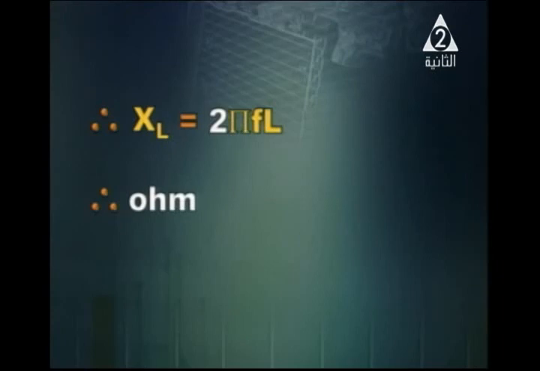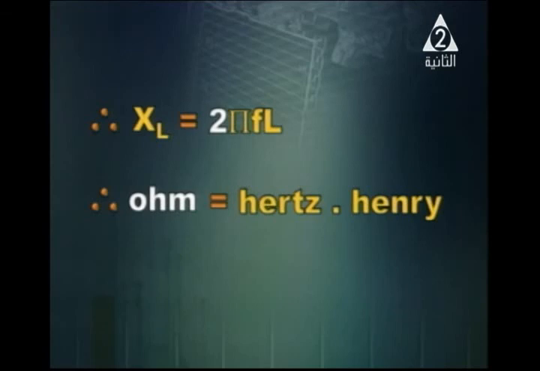So inductive reactance XL is equal to omega L, and omega is equal to 2 pi F. So XL is equal to 2 pi F L. In this way, the unit of reactance, it is just like resistance. It is some sort of opposition. It is measured in ohm, frequency in hertz, and inductance in henry.